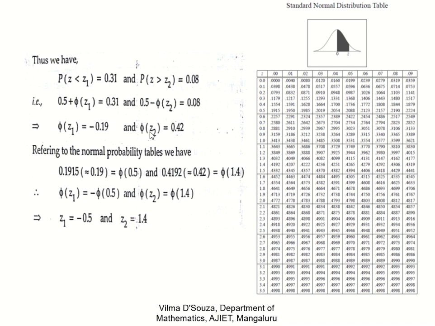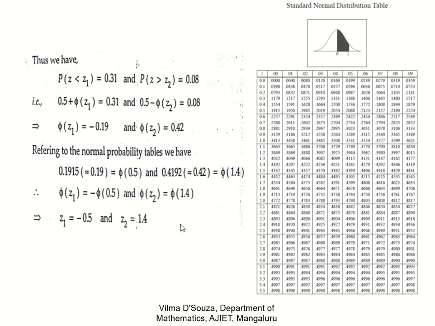So phi of 1.4 is 0.42 and phi of 0.5 is 0.19. So you have minus 0.19. So what you do is you take z1 as minus 0.5. Phi of z1 is minus phi of 0.5. So z1 is minus 0.5, z1 is negative. And here z2 is 1.4.